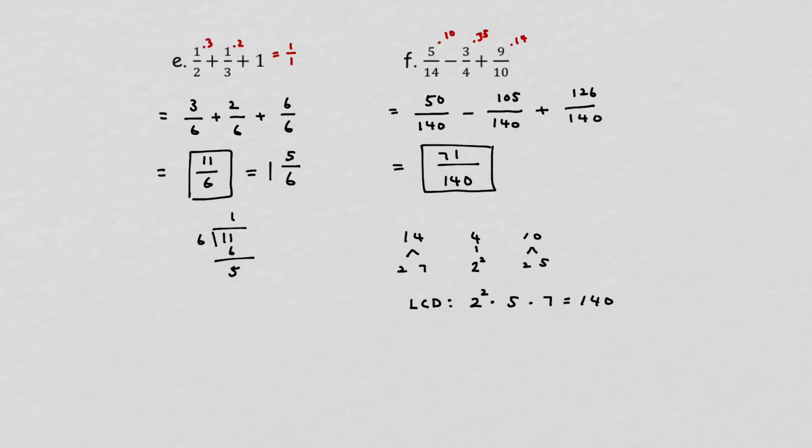So you could do 50 subtract 105 and then add 126, or you can combine all the positive numbers first. That gives you 176, and then subtract the negative number.